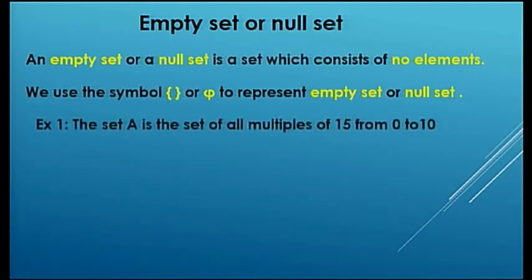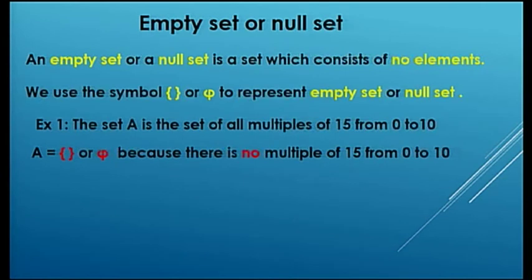For example, the set A is the set of all multiples of 15 from 0 to 10. Can you think about a multiple of 15 between 0 and 10? No, we don't have. So this set A is called an empty set or a null set, because we do not have any multiple of 15 between 0 and 10.